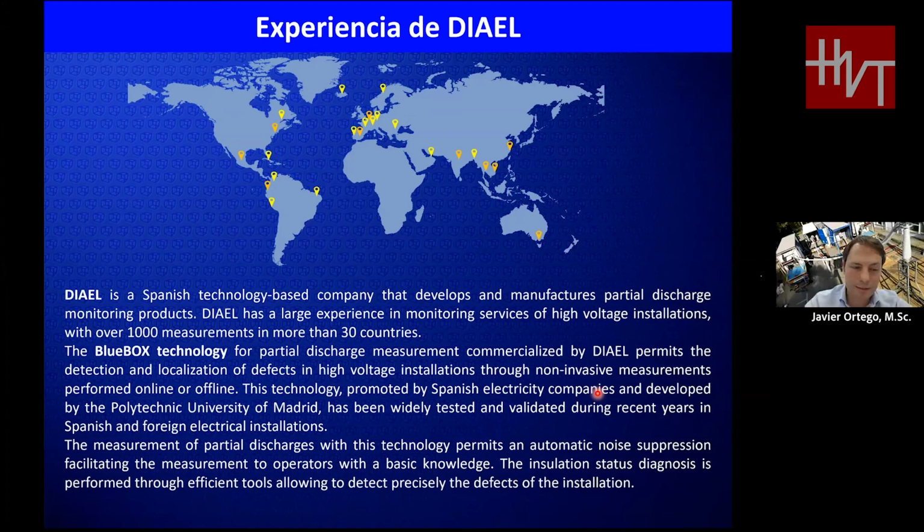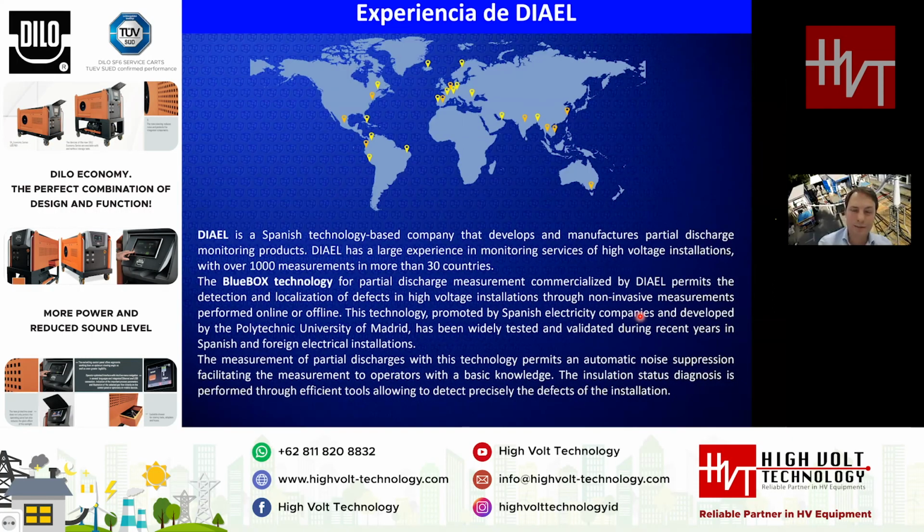We have also been doing several spot measurements and temporal monitoring for transformers, especially in several countries. More than 30 countries we have been working through our partners, for the industrial area and also for... Okay. So thank you for your attention.